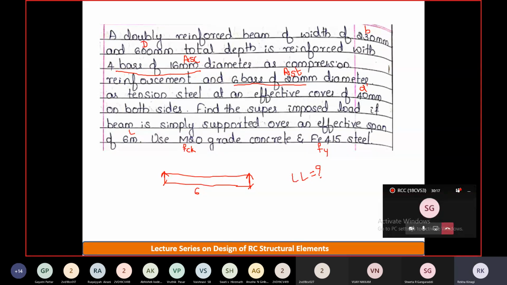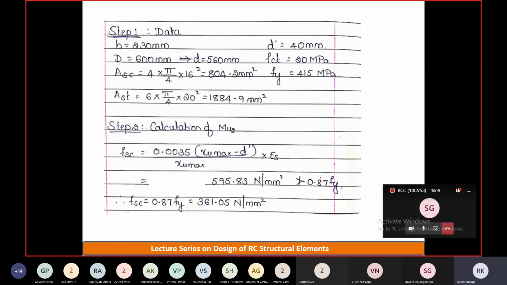Now let me note down the data as in the previous numerical example. B is given, that is breadth of the section, and overall depth of the section. If overall depth is given, we can deduct the effective cover from the overall depth to get the effective depth.